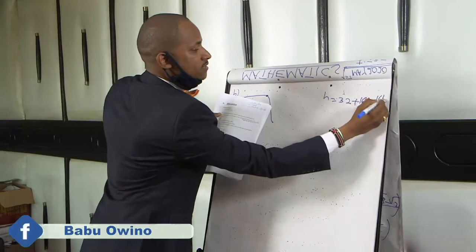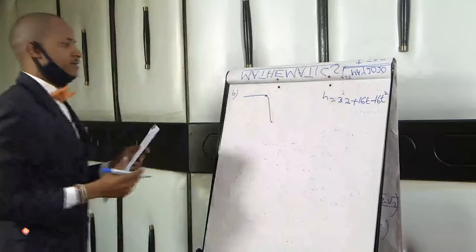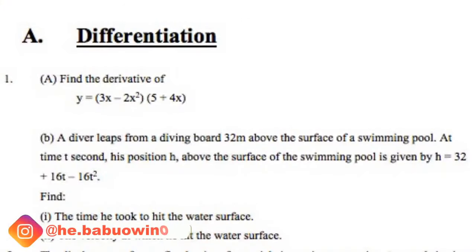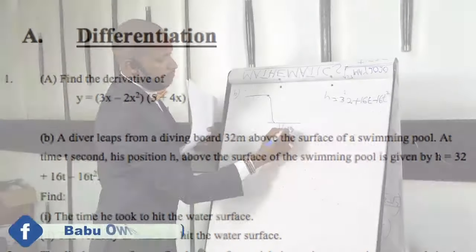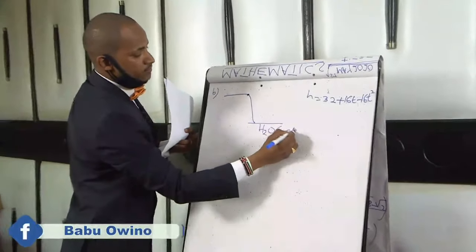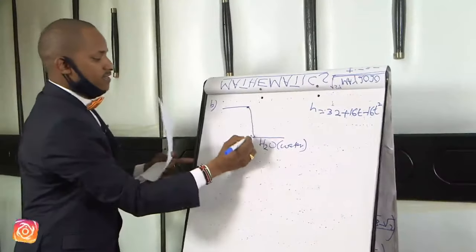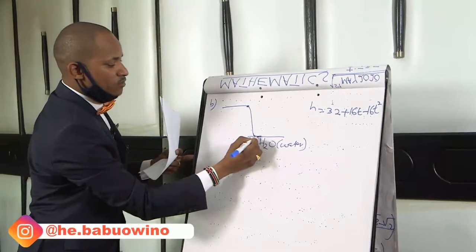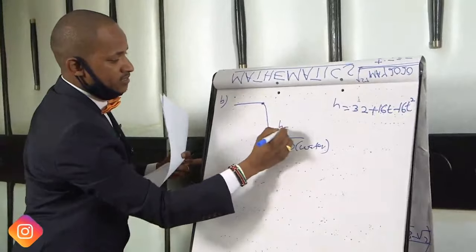Now the first part of this question wants, find the time he took to hit the surface of the water. So when the diver dives from here, hits the water surface, if this is water, at the water surface, height is 0.